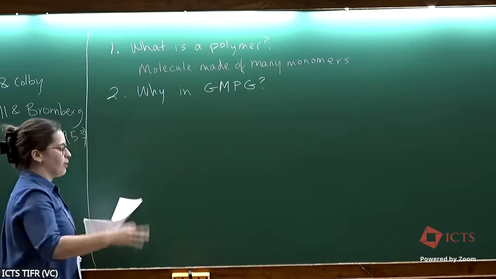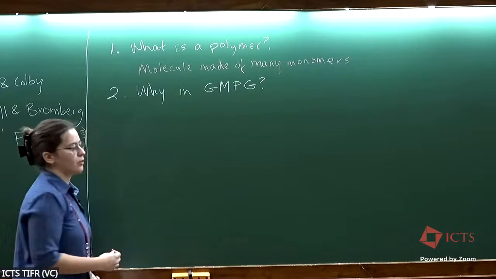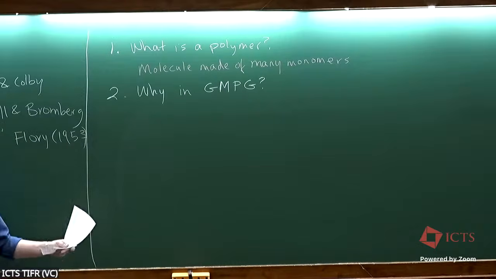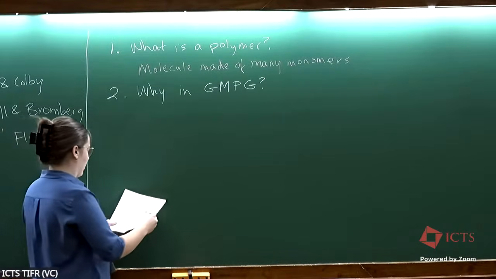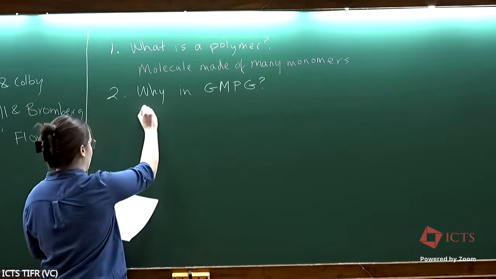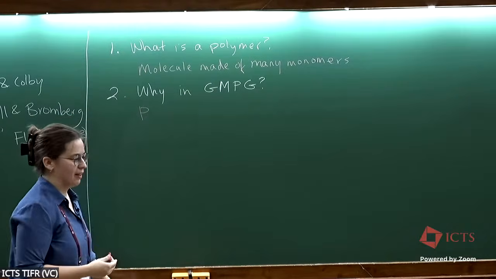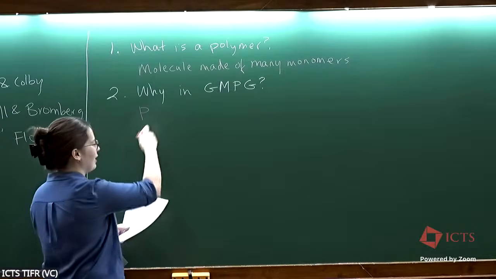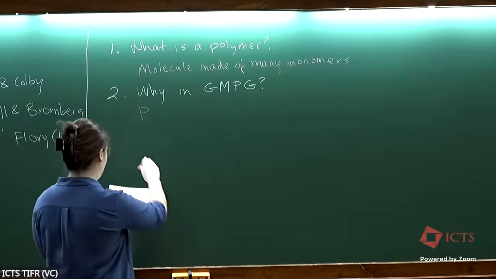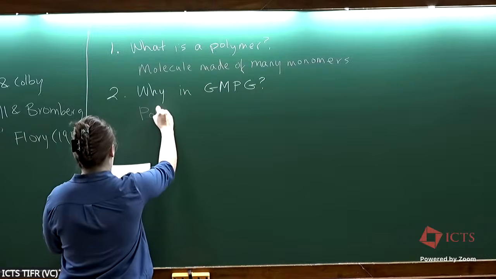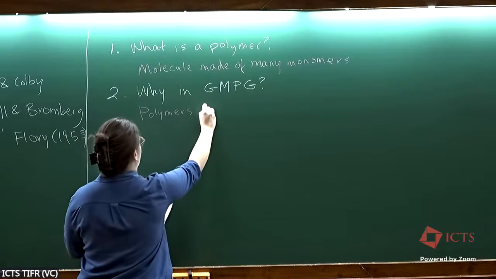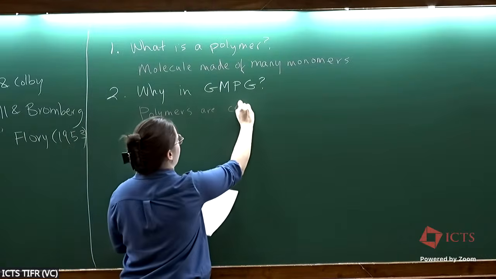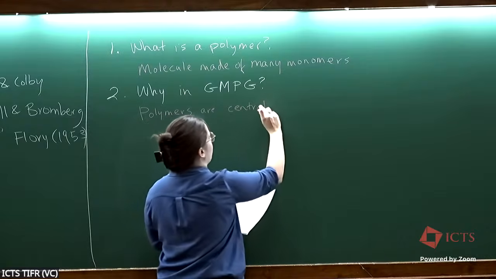One that is perhaps the most concrete reason is that polymers are really important in biology. They're something that comes up really anytime that you're trying to have structure, convey information. It's hard to think of a process in biology that doesn't involve polymers. So polymers are central to biology.